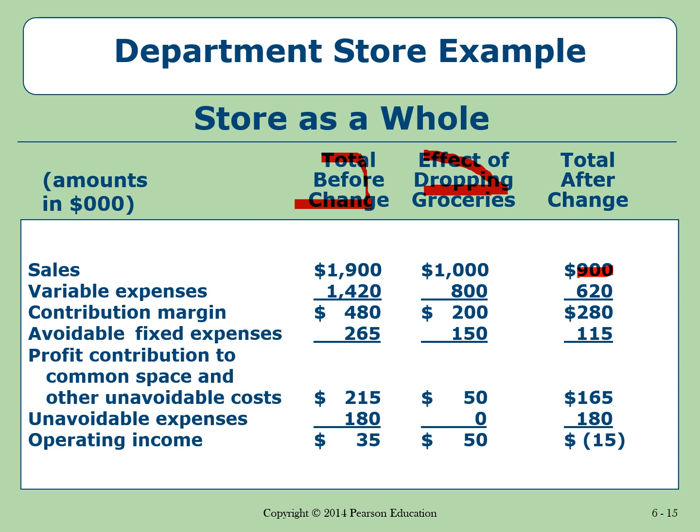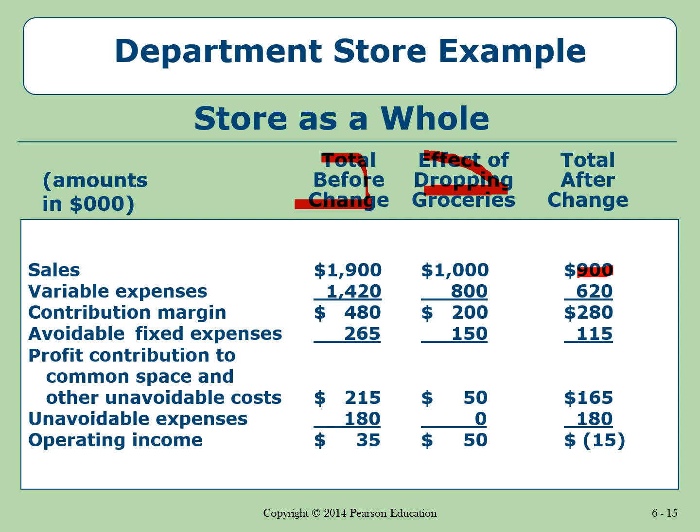This means the contribution margin is going to drop from 480 to 280 after deduction of the 200 related to the grocery department. And when we look at this part, which is very important, the avoidable fixed cost, from 265 we are dropping 150. This means it goes to 115.